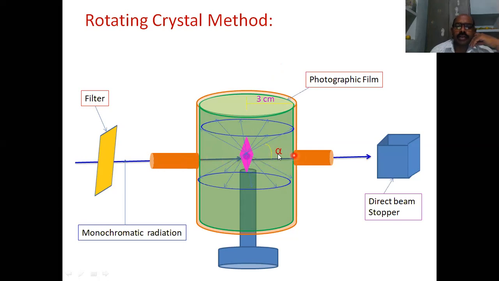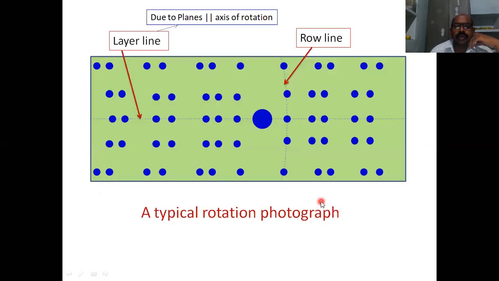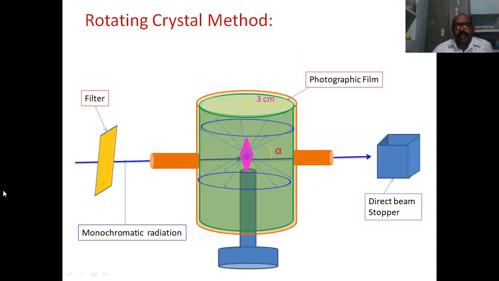Those reflections form a straight line on the film. Those straight lines are called layer lines. We will see them later. In that way, the diffraction occurs in the rotating crystal method.